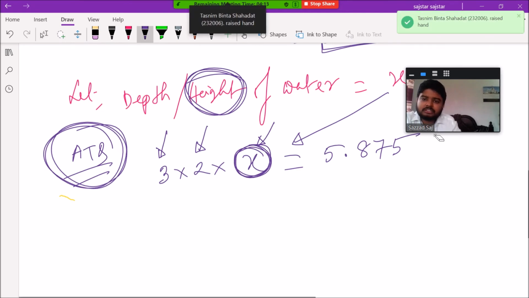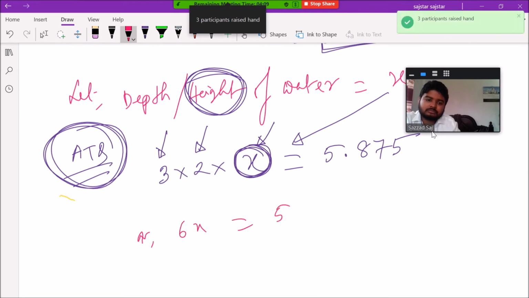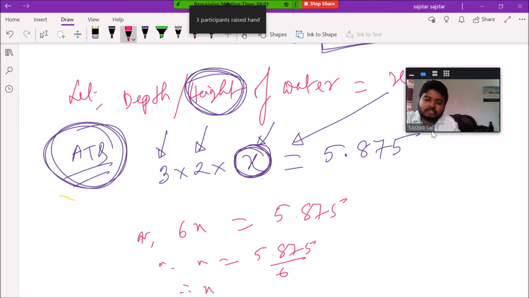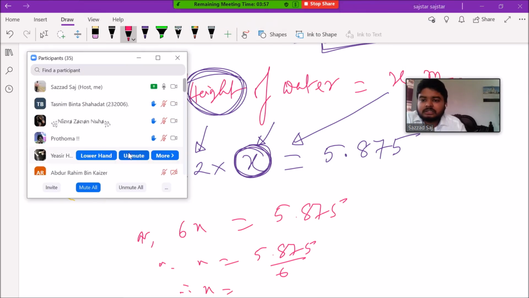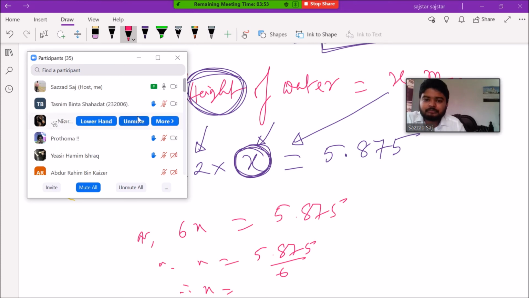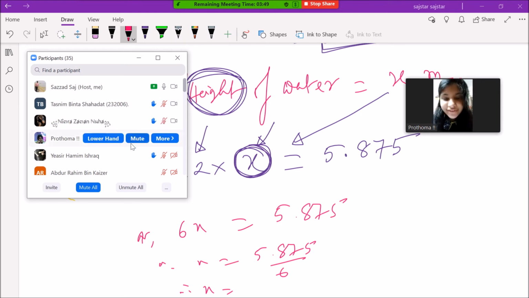Please tell me the value of x. I see already 3 participants raised hand. Prathoma raised hand. Let's see. Sir, 0.979 meter.